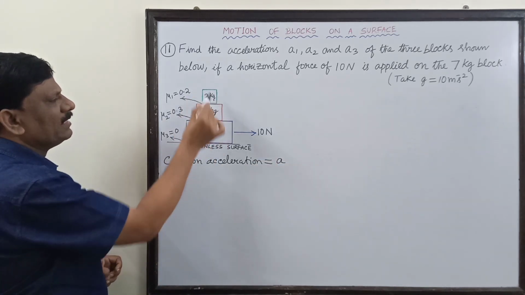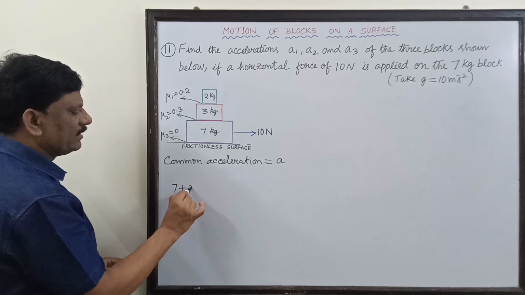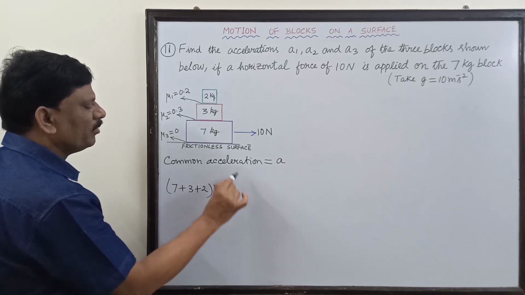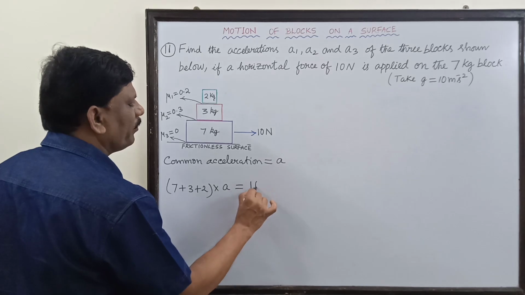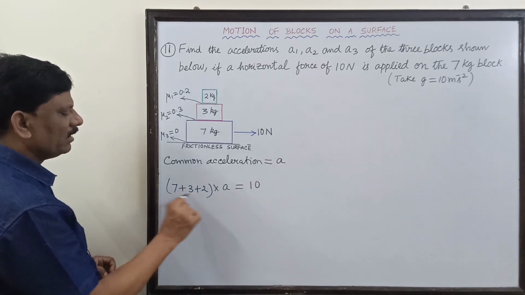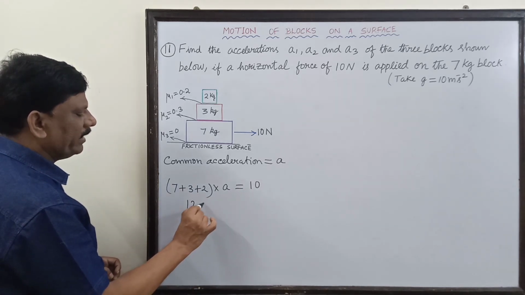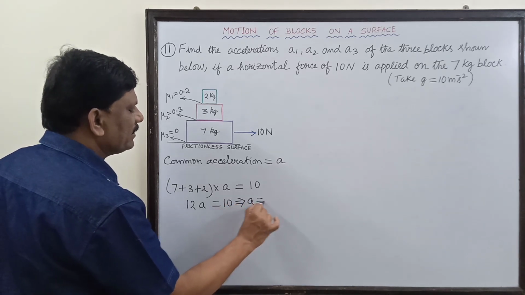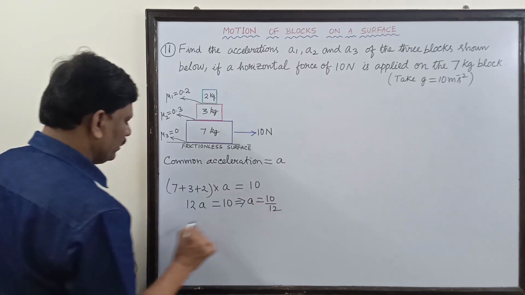So the total mass, 7 plus 3 plus 2 kg, into the common acceleration must be equal to the applied force 10 Newton. So 12A is equal to 10, which implies A is equal to 10 by 12.